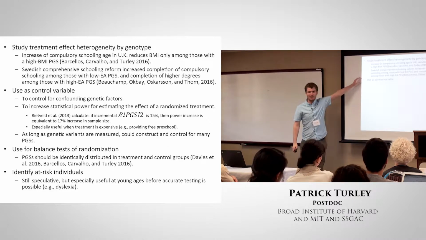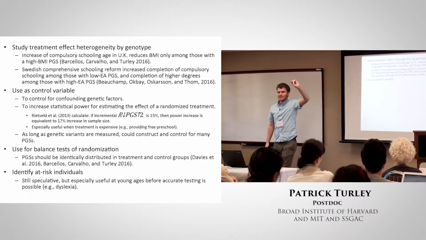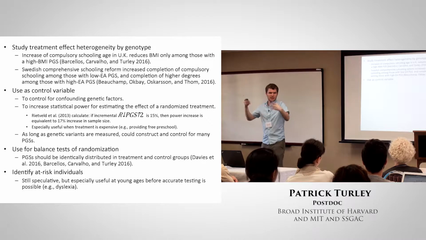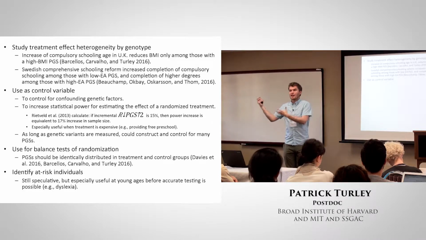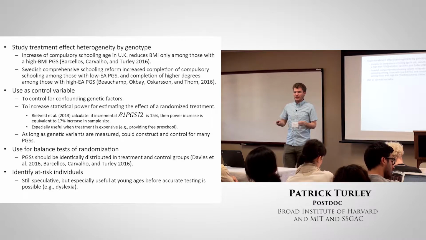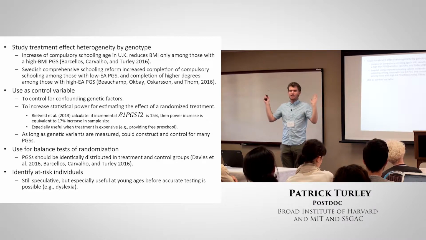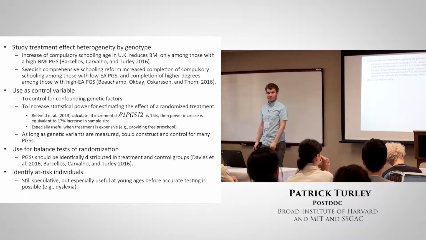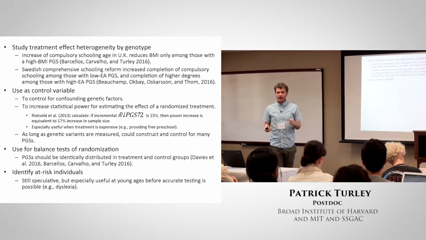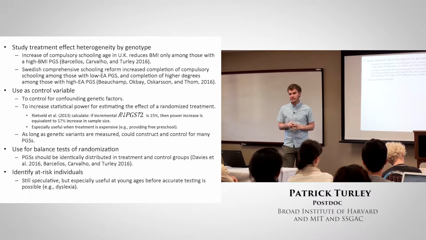This is something that I think is very important but really unsexy. So let's say that you have some data set, like you're doing some experiment maybe, and you have genetic data on these individuals. Now, even if the question you're asking has nothing to do with genetics, you could just throw in the polygenic score as a control, and it's going to absorb some of the residual variation, and it's going to boost the power of your analysis.